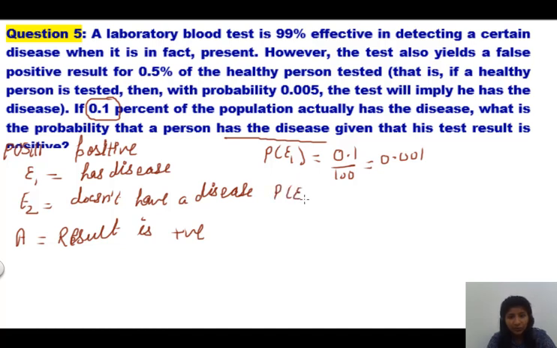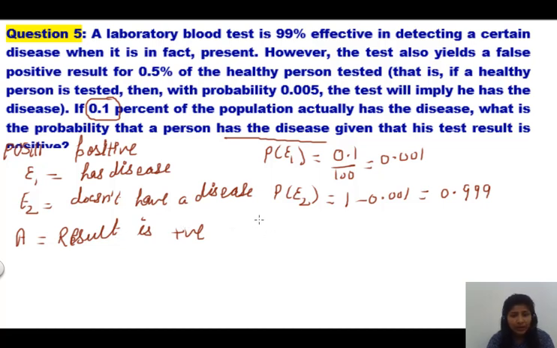Probability of E2, not having the disease, will be 1 minus 0.001, that is 0.999. Clear? Okay. Now this is clear. Let us go to other things.